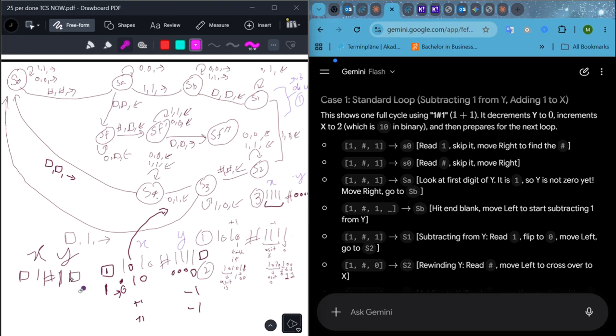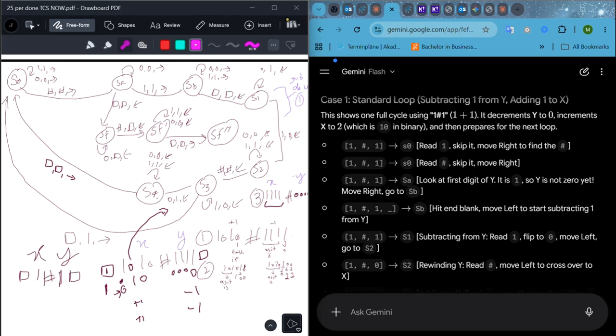But in our case, we don't have a 0 to make it a 1. In SB, we hit a blank, move left to start subtracting 1 from Y, and if we had zeros, it would have kept going for as many zeros as it saw until the moment it sees a 1, and then it would have changed the state to S2.